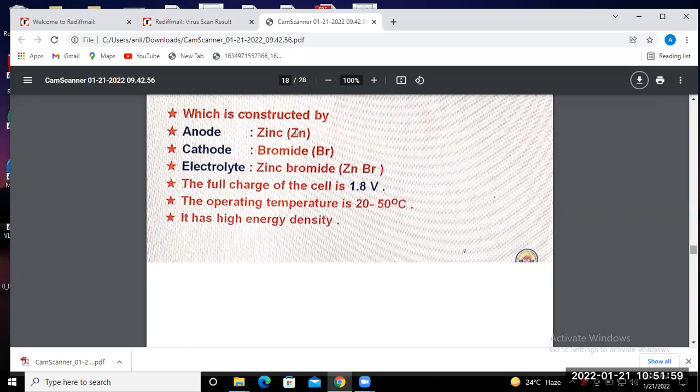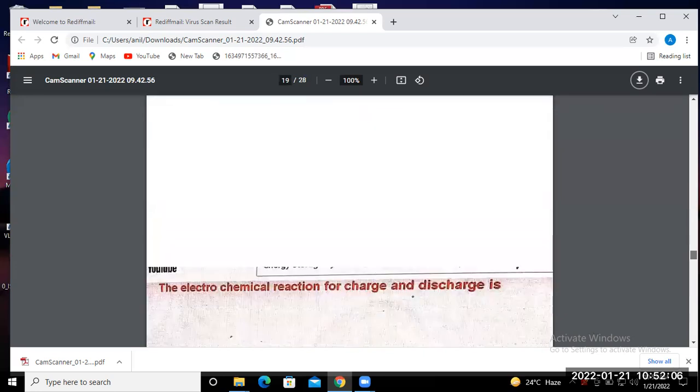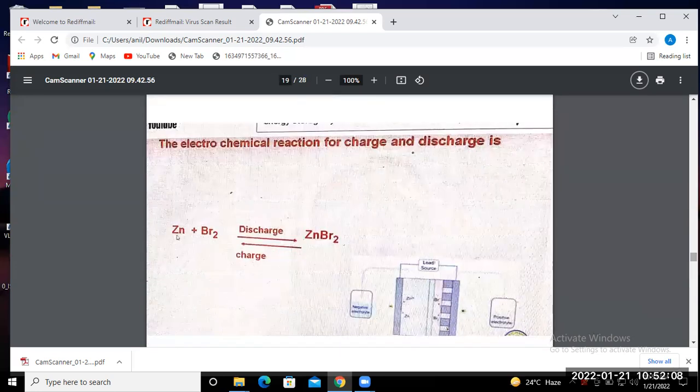So next is the chemical reaction of this zinc bromide battery. You have to keep in mind the chemical reaction of all the individual batteries we discuss here: zinc chloride, sodium sulfur, zinc bromide.